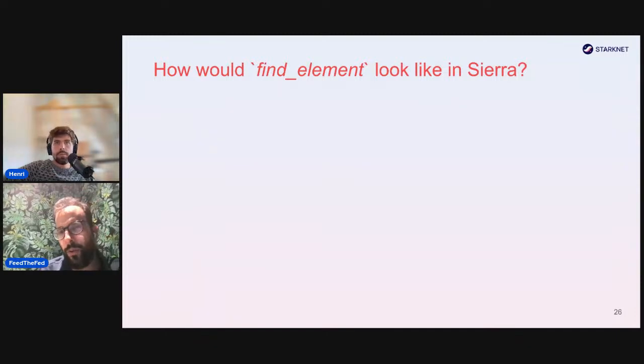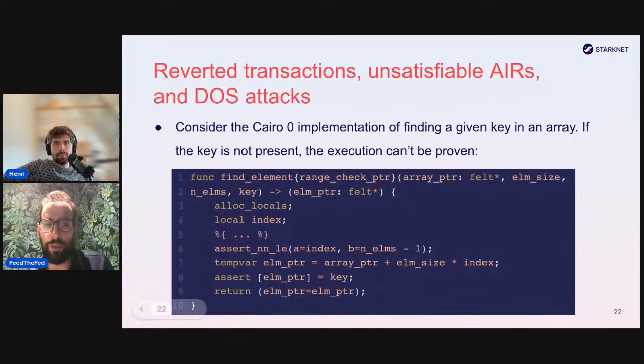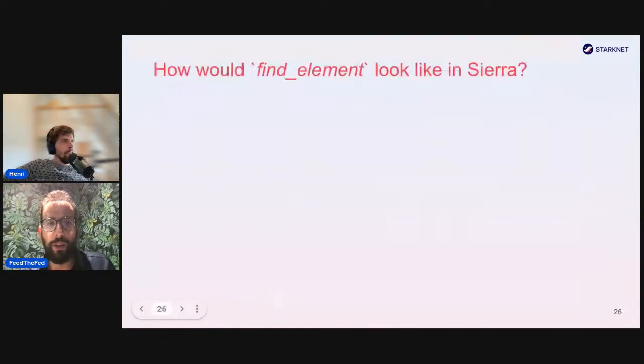Recall that I said that a Sierra program is basically a sequence of what we call libfuncs. Let's say I want to write down a libfunc for find element, and it should compile to Cairo assembly. How would I compile it to Cairo assembly? What would the Cairo assembly look like? Because the Cairo assembly generated from this is not good enough. We already discussed it.